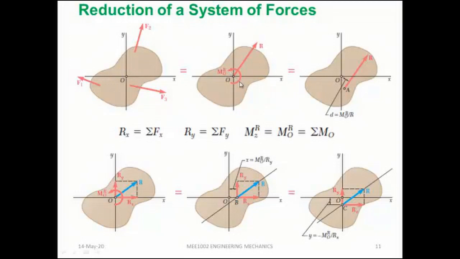Now, how to remove this moment? We know moment equals force into perpendicular distance, so the distance between the force and O. So if we know the distance at which the line of action of the resultant is acting, if we move this vector to that distance, the moment is released, because moment is force into distance.